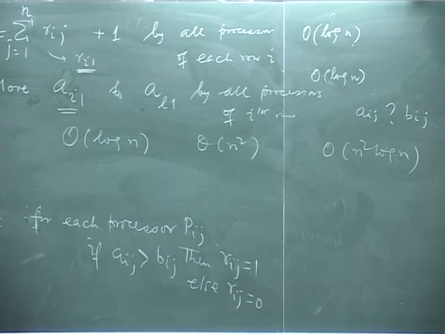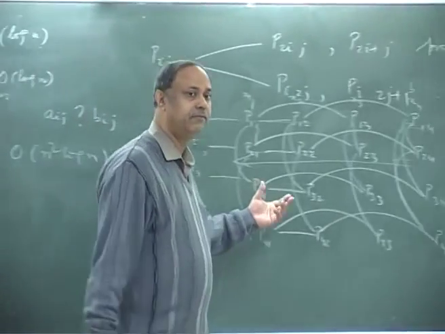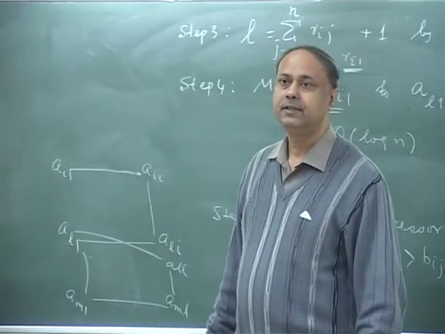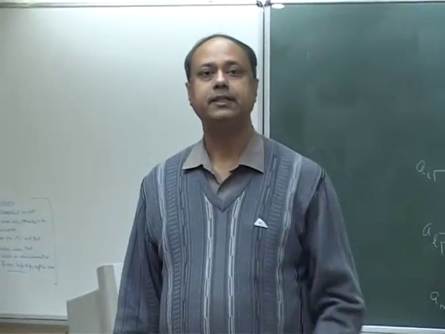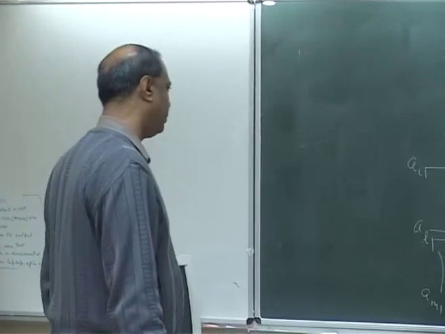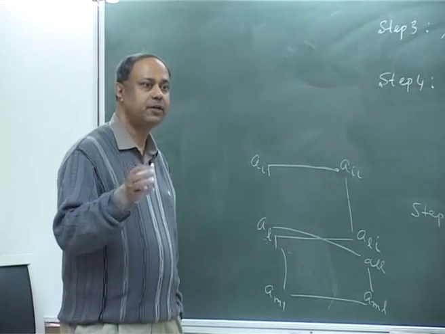The bad part of it is that the model is very complex. Every processor has 3 connections in the row direction and another 3 connections in the column direction. Agreed?